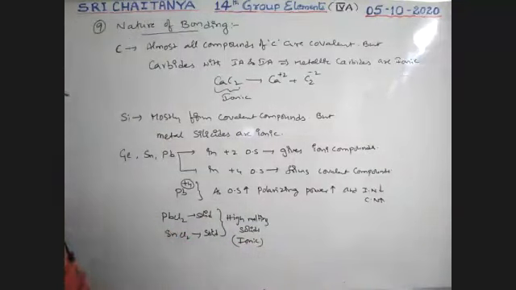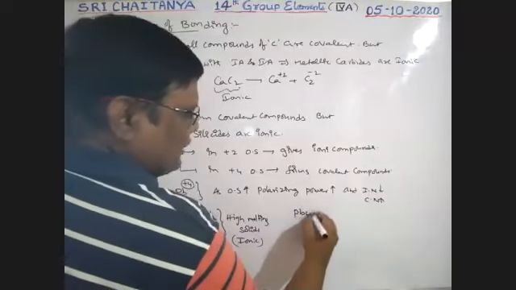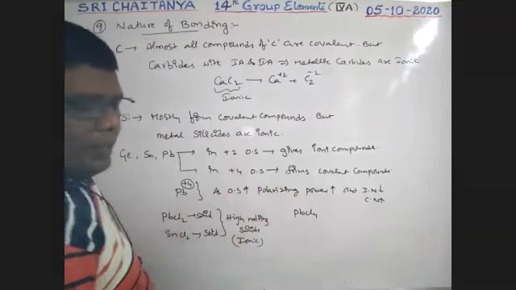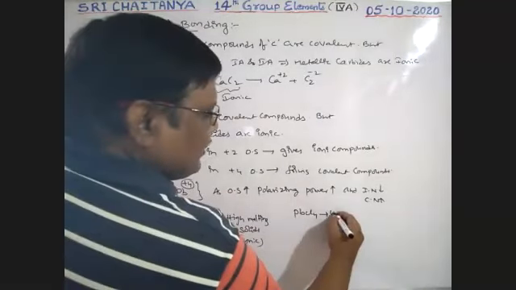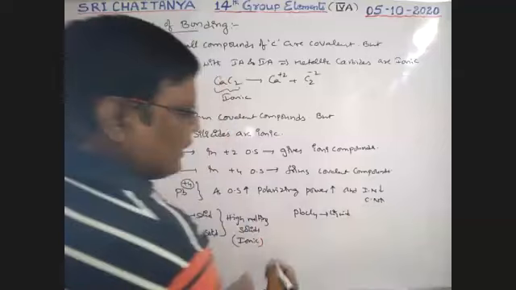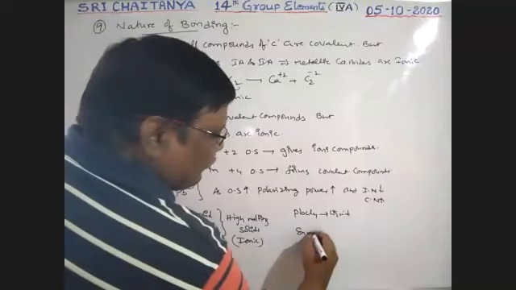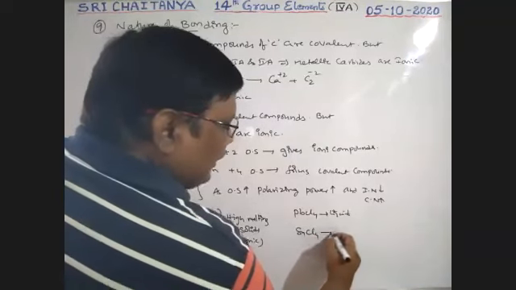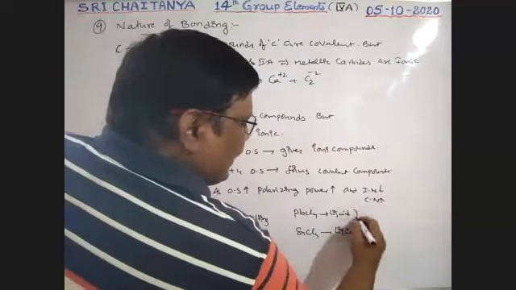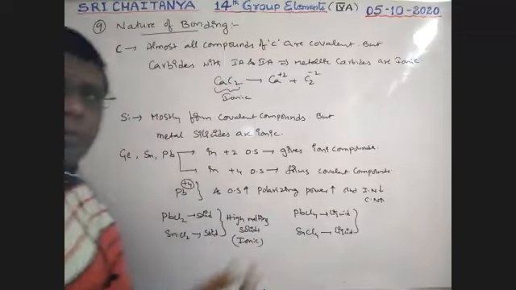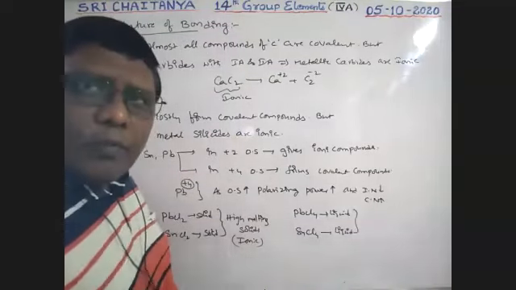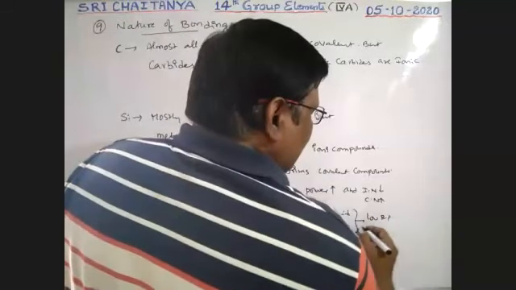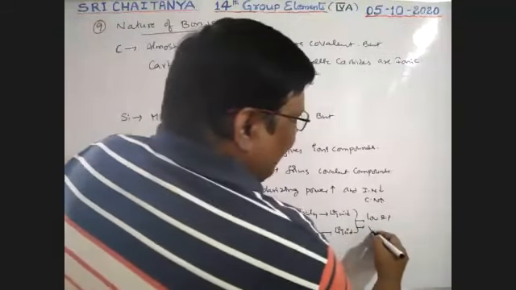Let us consider PbCl4, where lead is in the +4 state. It is in the liquid state. Similarly, SnCl4 is also a liquid, but with a low boiling point. So these are volatile liquids.